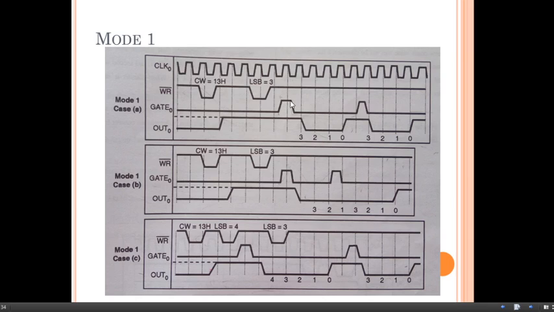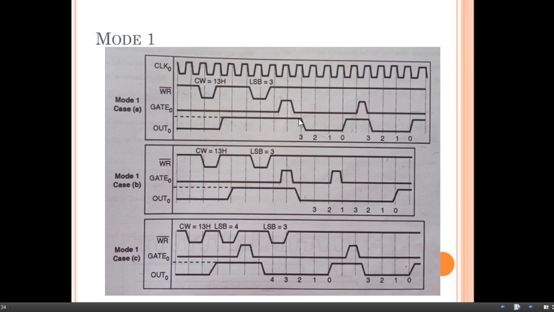Once the gate signal is activated for the clock cycle period, the count value will be loaded in the counter and the counter will start counting, and in that case our output will go low.